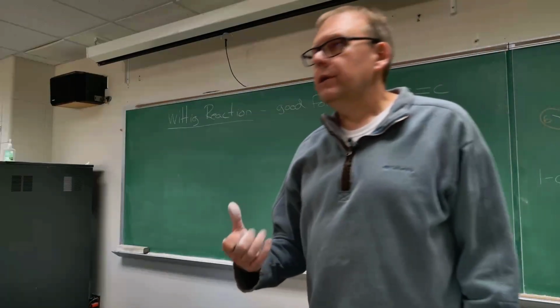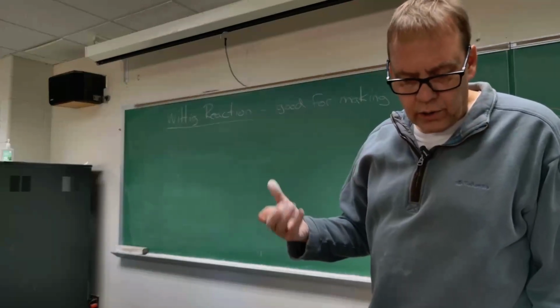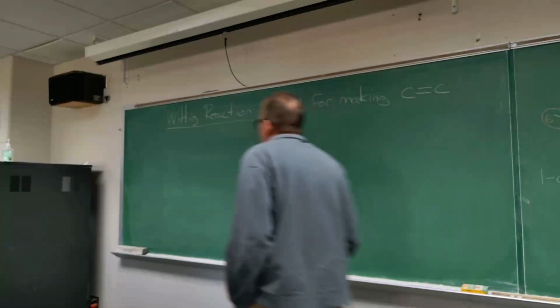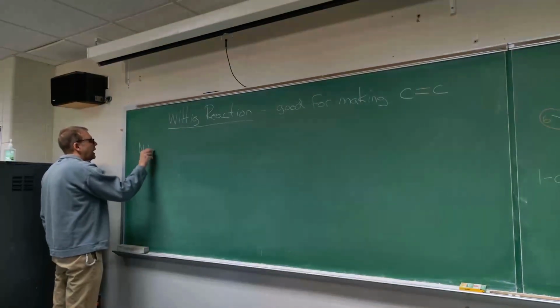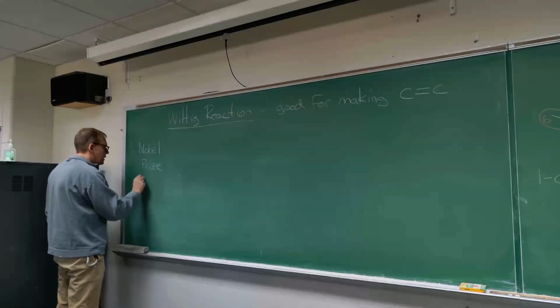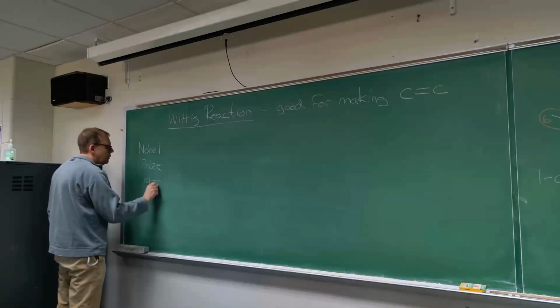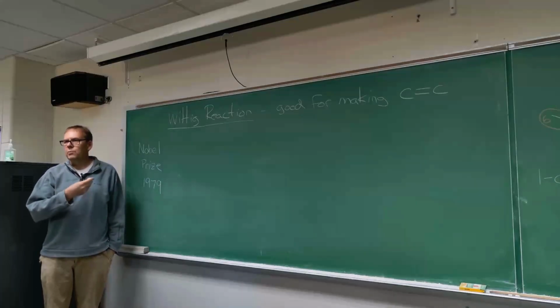Let's talk about where it works, how it works. This was, by the way, the subject of a Nobel Prize back in 1979. It goes back quite a ways. George Wittig was the chemist that shared the Nobel Prize.